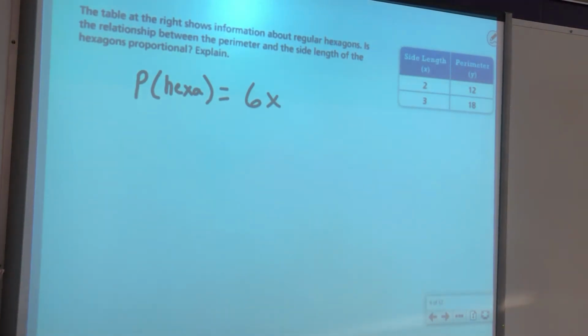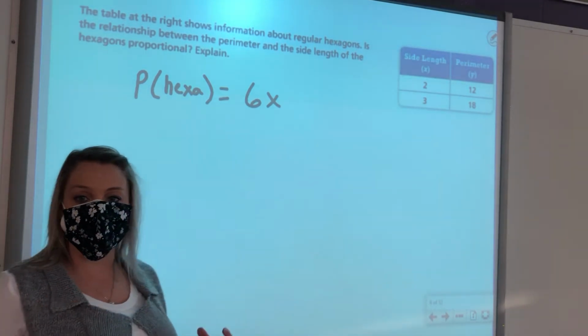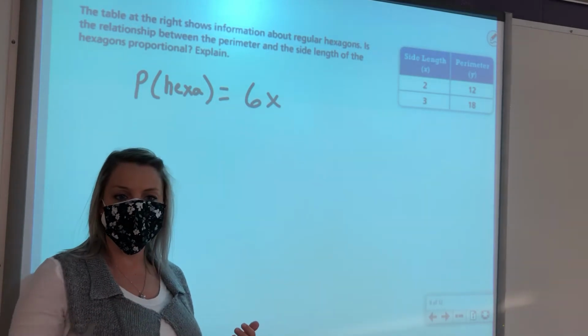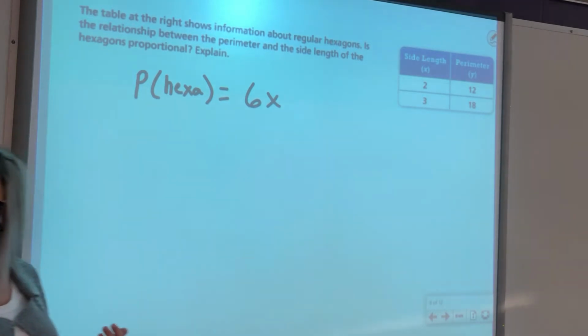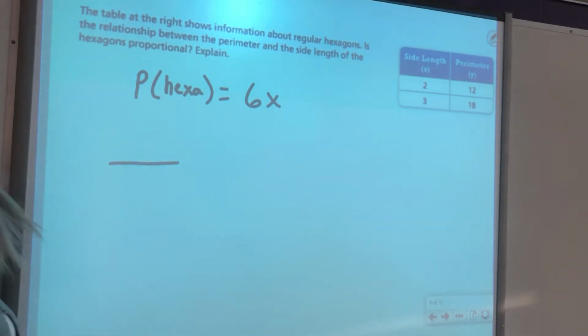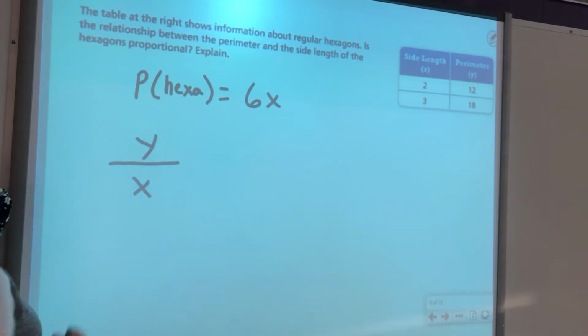So when we're trying to figure out if a relationship is proportional, what do we use? Do you remember? Something over something. We use a fraction, y over x. It's always y over x. I would be writing this stuff down, guys.